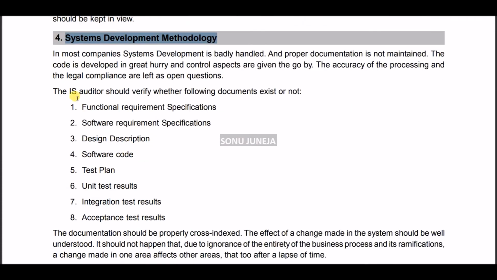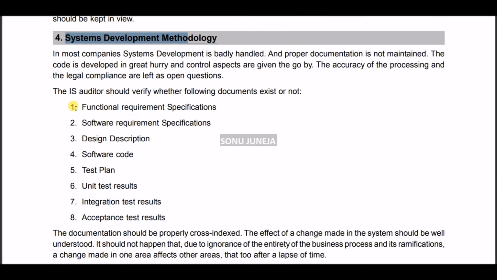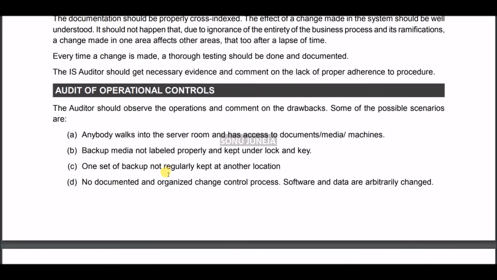While applying any system development, you need to make sure of the functional requirement, software design, software code, how the test plan goes through, what the results are, integration test and acceptance. Apart from that, for any kind of test plans which have been run, you will require proper documentation.